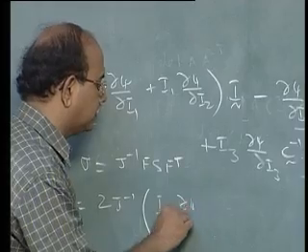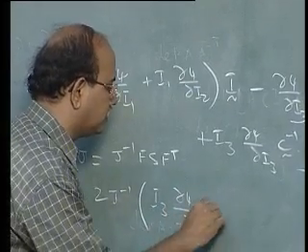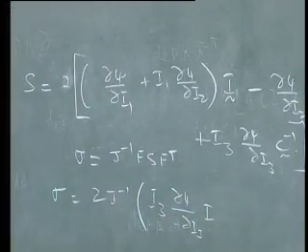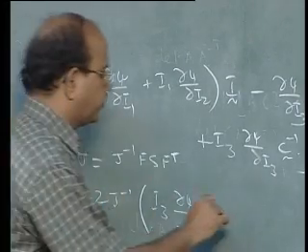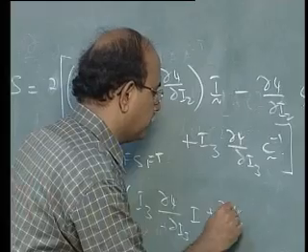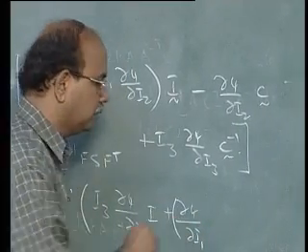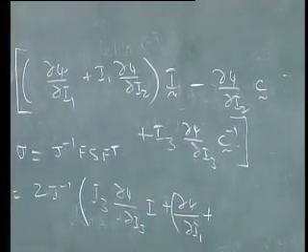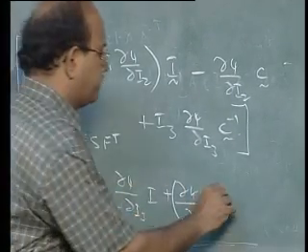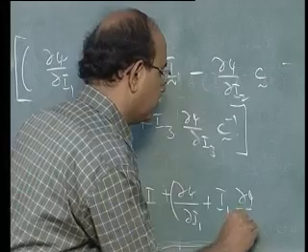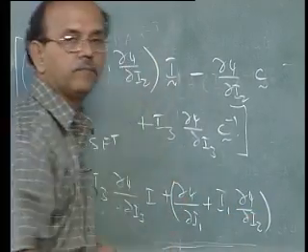Do that. As I told you, I'm not going to derive all these things. Dou psi by dou I3 I. It's a very important expression. Dou psi by dou I1 plus I1 dou psi by dou I2.